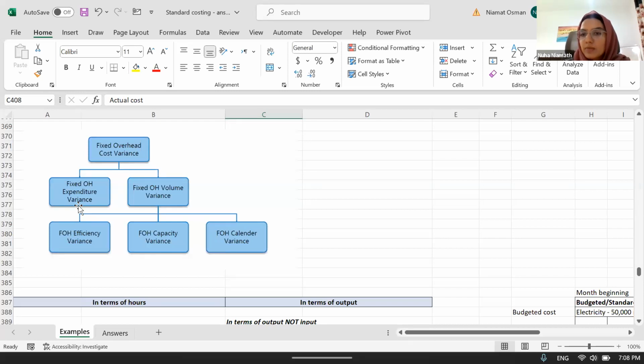And what about fixed overhead volume variance? Everyone, what is fixed overhead volume variance? Mashuk says absorbed and budgeted.